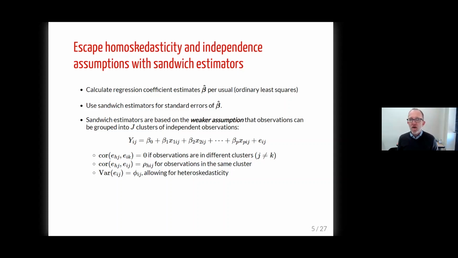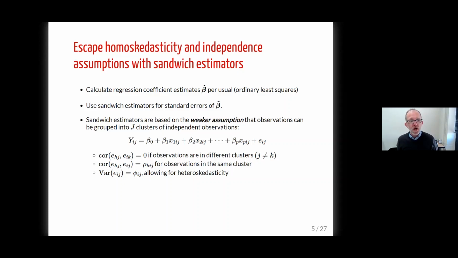And we'll also allow that the errors may be heteroscedastic. So the variance of the errors does not have to be constant across the range of the predictors. Just to drive this point home, these are a whole lot weaker assumptions than the classical regression analysis.